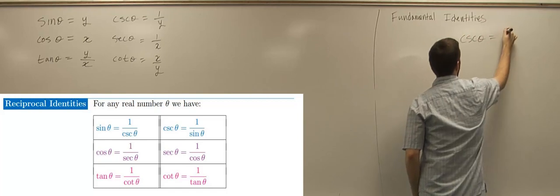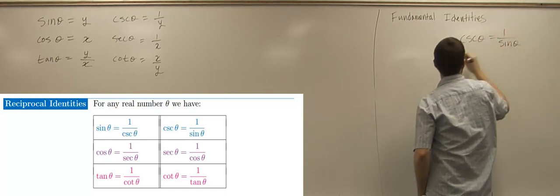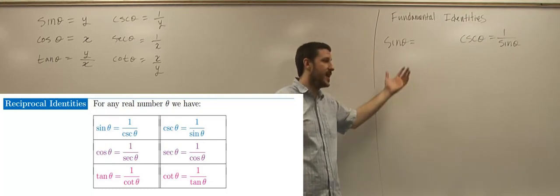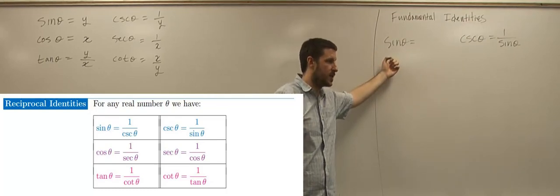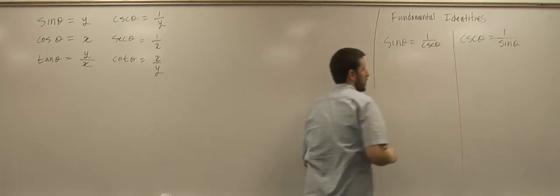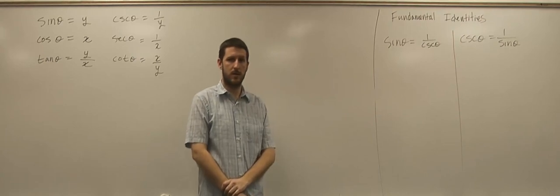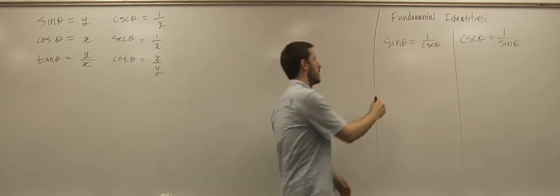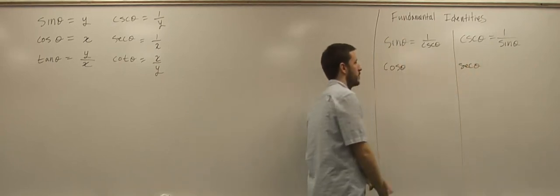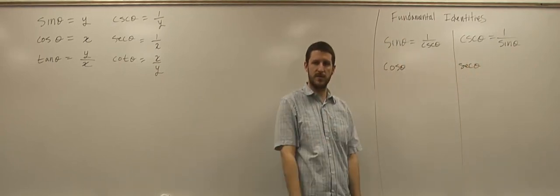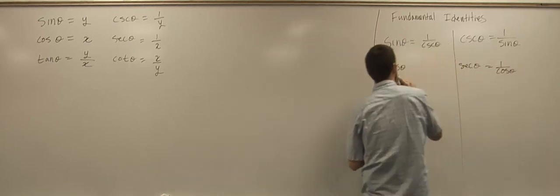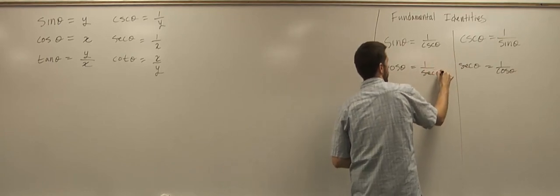Cosecant theta is 1 over y or 1 over sine. What about sine theta? Sine theta is the reciprocal of cosecant. So it goes this way. Cosine theta and secant theta, how are they related? They're reciprocals of each other. So for secant theta, you can write 1 over cos theta. And for cos theta, you can write 1 over secant theta.